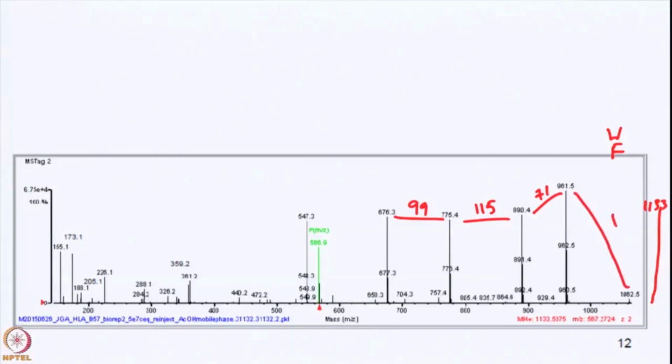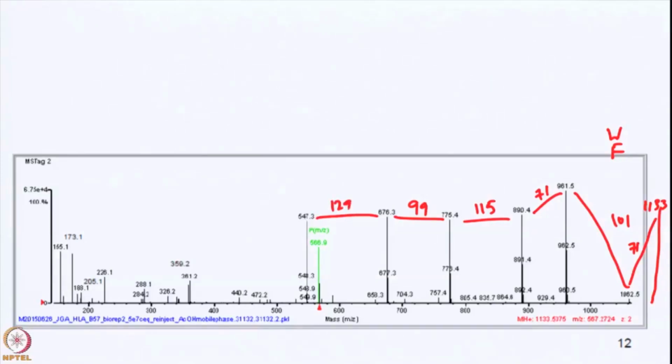This is 101 and 3871. 547. 53 goes to 600. This is a 129.